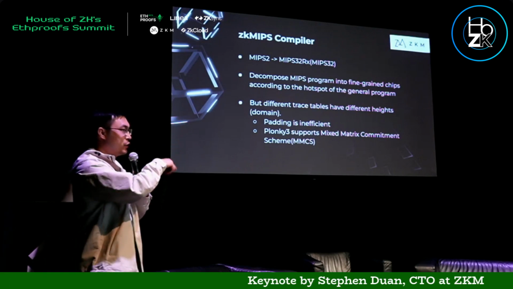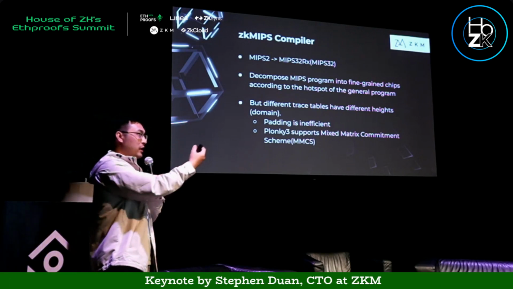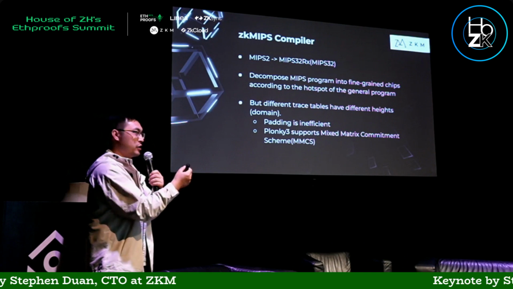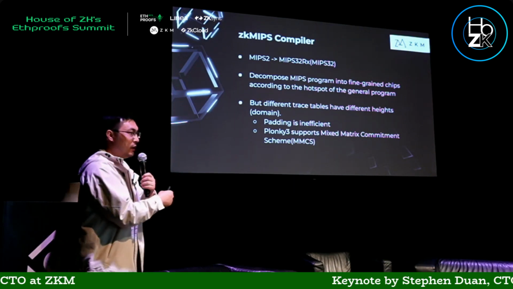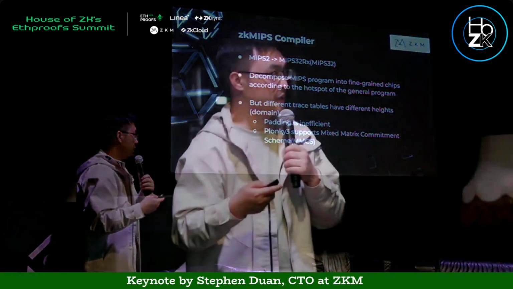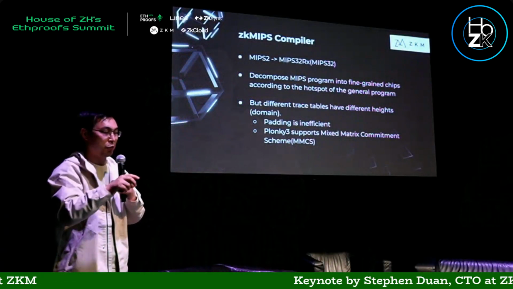Basically the CPU chip becomes a dispatcher: it gets the instruction and then dispatches the instruction to different sub chips according to their chip type. But one very important factor we need to consider is that for one segment, different chips may generate different trace tables. Okay, so the heights of those tables are quite different.